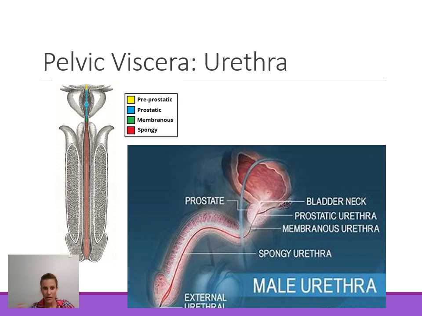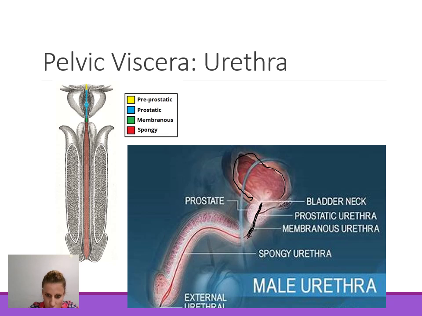Here we see the male urethra. You can see the bladder, and then the urethra first at the bladder neck, going through the internal urethral sphincter, then going through the prostate, then going through the external urethral sphincter, and then entering the penis.